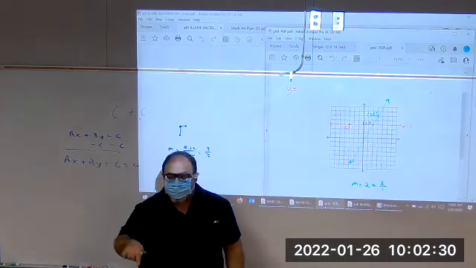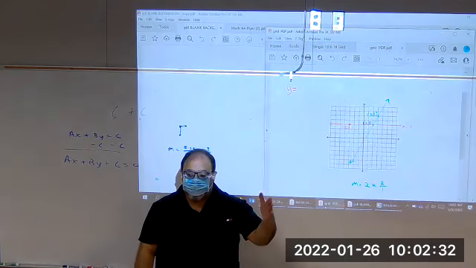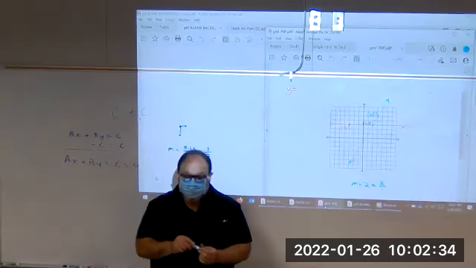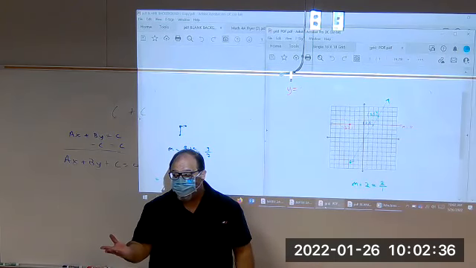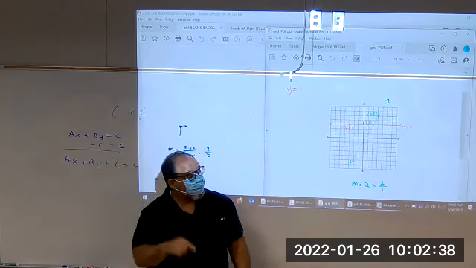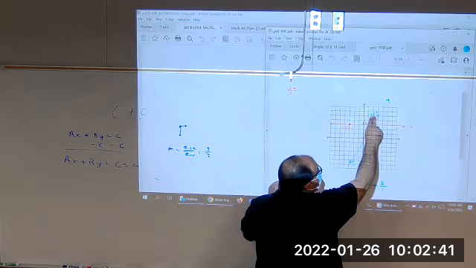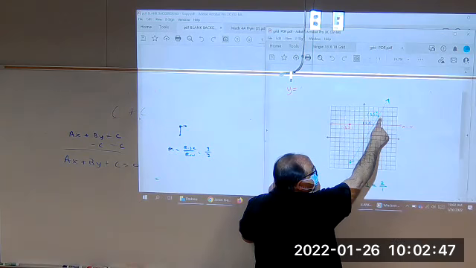The slope is how you go from one point to the next point. It's not the location, it's not the ordered pair. The slope is how you got there. The ordered pair is where you are. So I went up 2 and over 1. Where you are is the address.